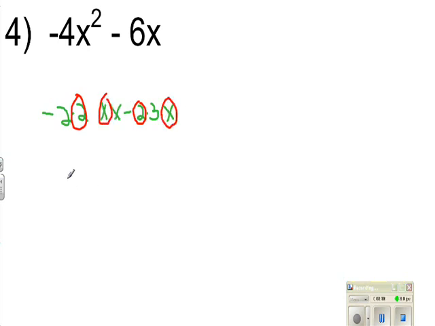So you're going to pull out a 2x. Oh look, this one's negative and this one's negative. Why not pull out the negative sign too? We're going to pull out the negative 2x. So that takes care of the negative and the 2 and the x.